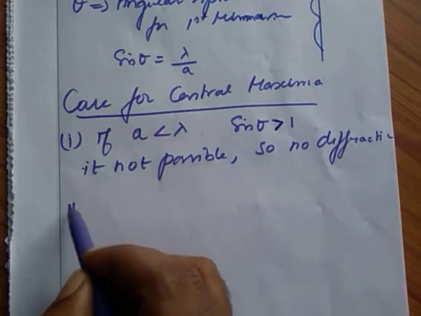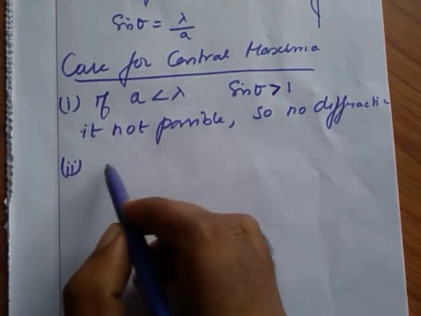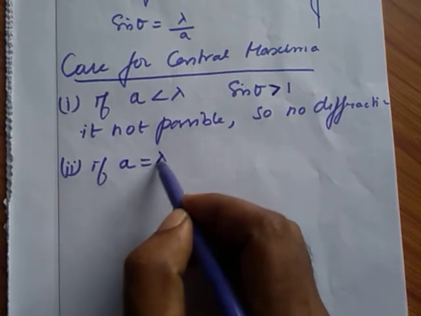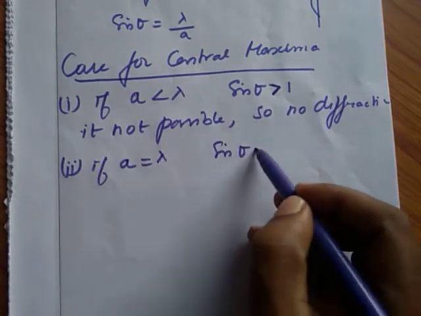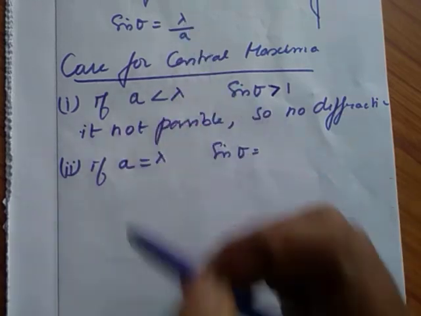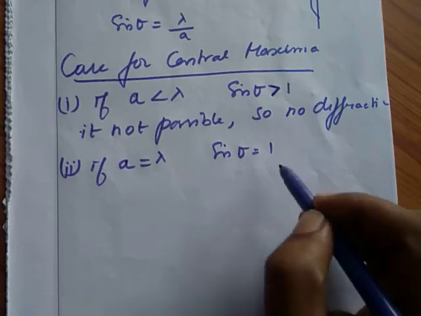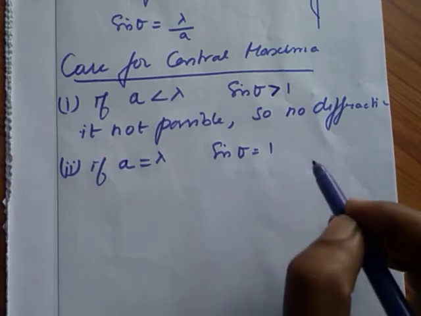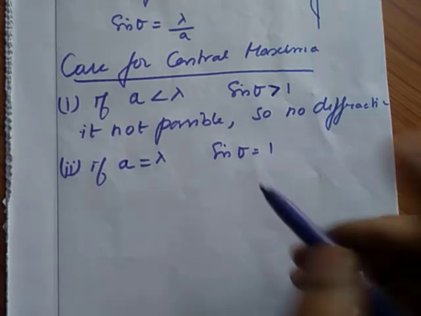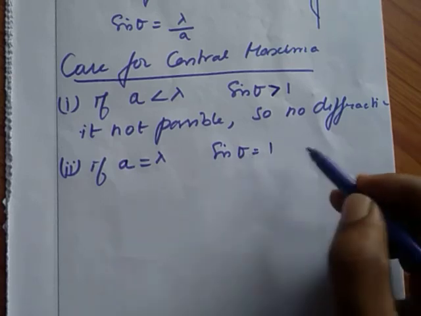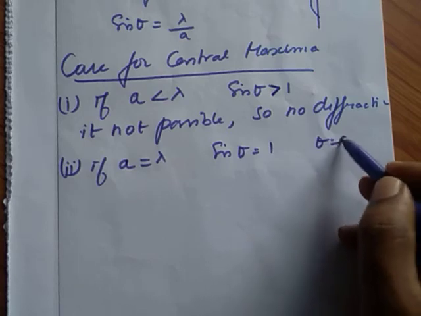In the second case, I consider the size of the slit equal to lambda. For this case we get sin theta is equal to lambda by lambda, that is 1. It means we get diffraction. The first minima is at an angle where sin theta is 1, that is 90 degree.